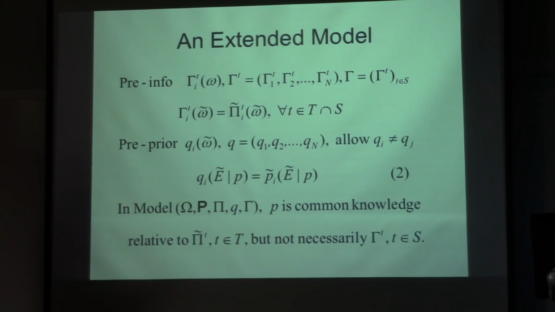Okay, so in this extended world, now I'm going to allow a new set of information sets, and they will agree with the other ones at times t, but not at other times s outside of t. So this is the key. I will have times t where all the standard things are true, even in the extended model.